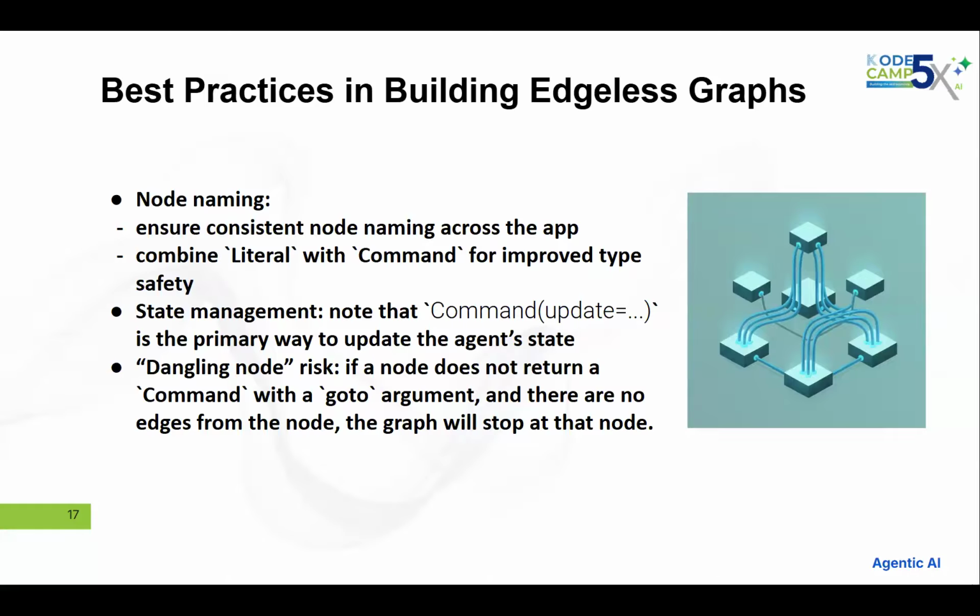If you omit this, then the node that has that command object will not have an edge to any other node. So once the execution gets to that node, the graph will stop. It won't know where next to go. Any questions so far?